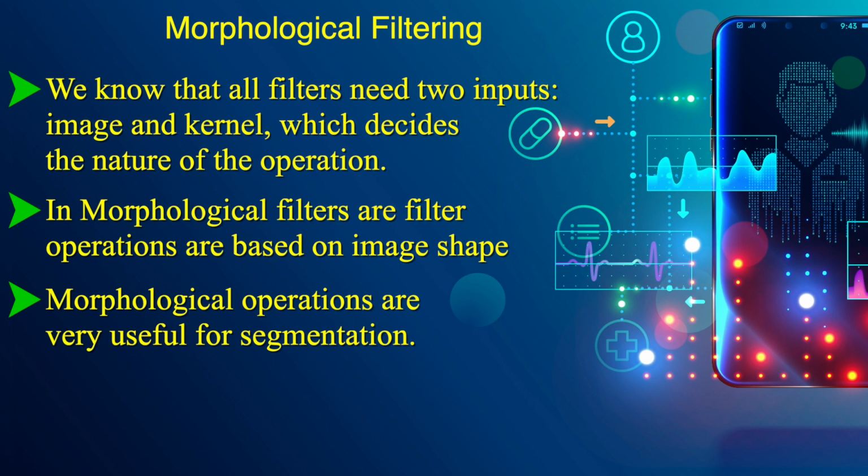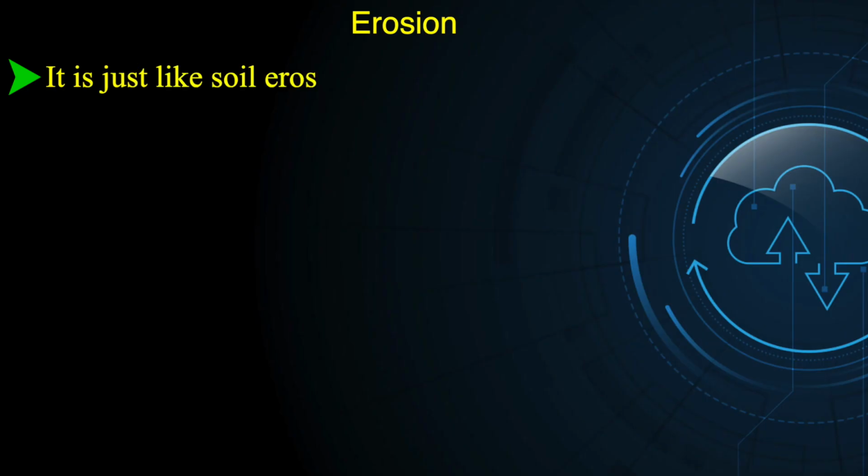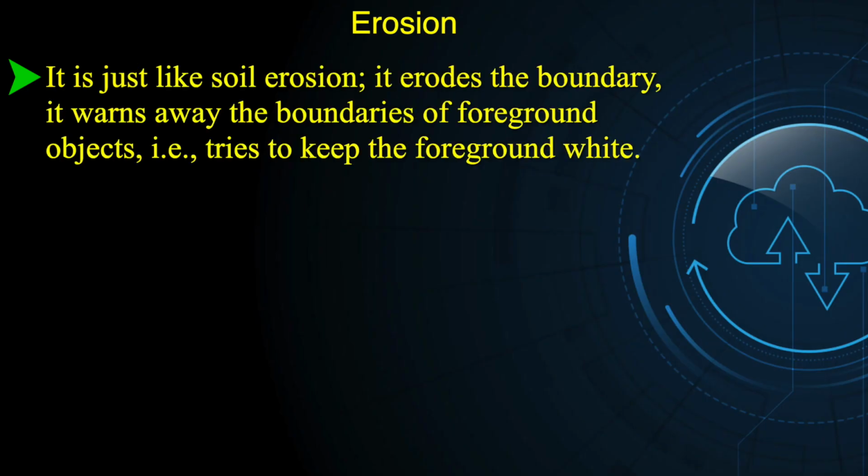There are basically two kinds of morphological operators, the word operators is also used for filters. The two kinds are dilation and erosion. Erosion is just like soil erosion: it erodes the boundaries, removing away the boundaries of the foreground objects and trying to keep the foreground white.